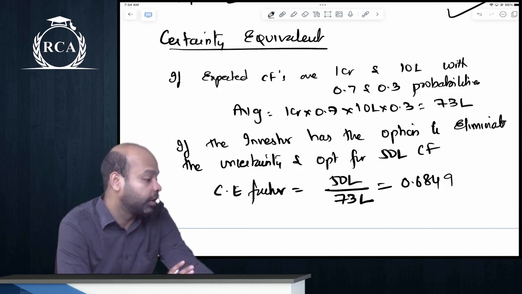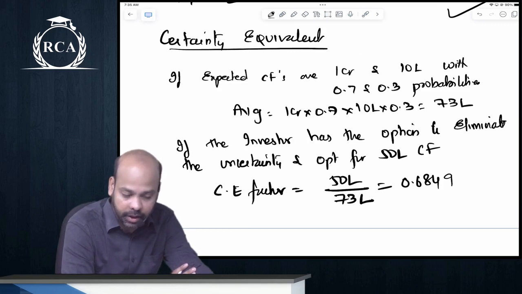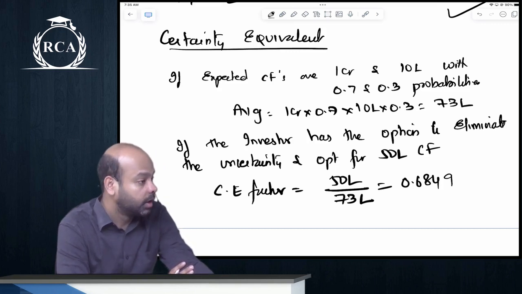So instead of giving you certain cash flows, they will give you expected cash flow and they will give you certainty equivalent factor, using which we're supposed to arrive at our certain cash flows.